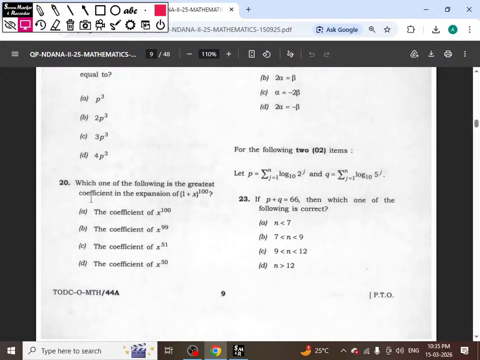Which of the following is the greatest coefficient of x to the power?